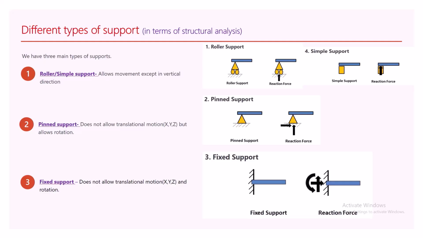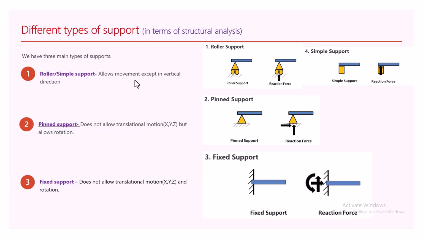Then we have the horizontal movement, and also we have the rotation. So you see that when you make use of this roller or simple support, there is allowance of movement in all directions except the vertical.